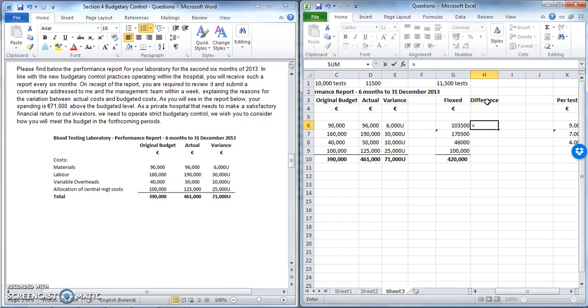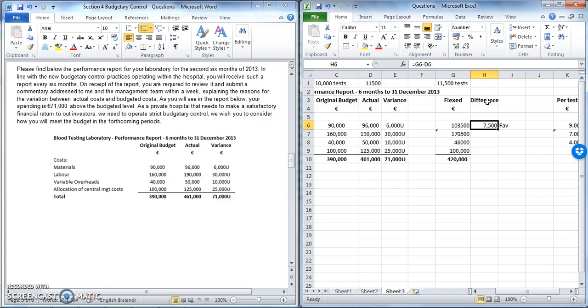If you did 11,500 tests, you would have expected materials to be 103,000. Materials was actually only 96,000. Therefore, it's a positive variance, the actual, of 7,500, and we call that favourable. That means it's less than expected.